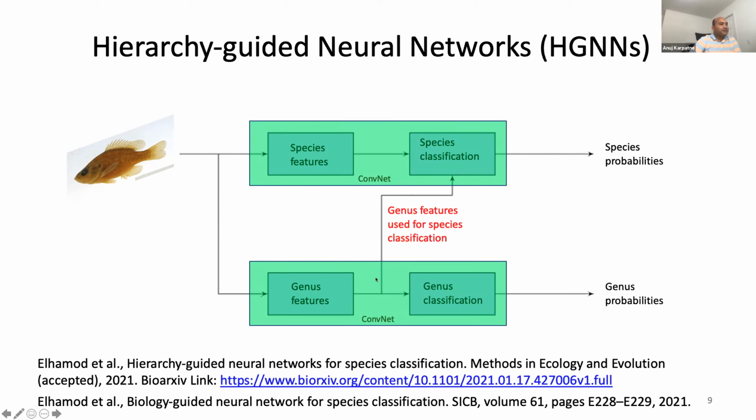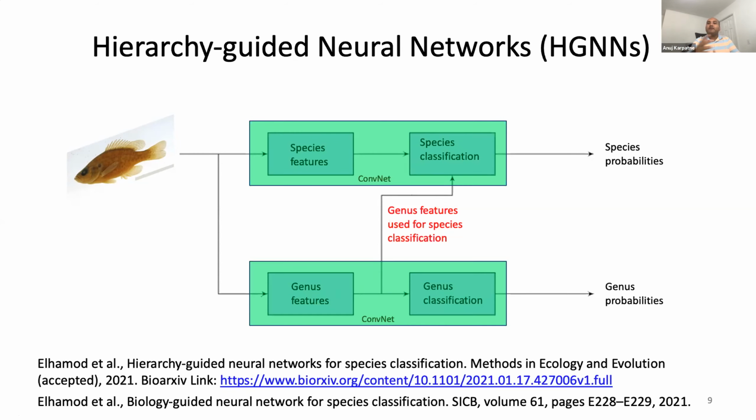So this is informing the architecture of the top convolutional neural network that is trying to predict the species probabilities using features expressed for a coarser scale problem of predicting the right genus. This is a very simple idea of using genus level features for the problem of species classification.